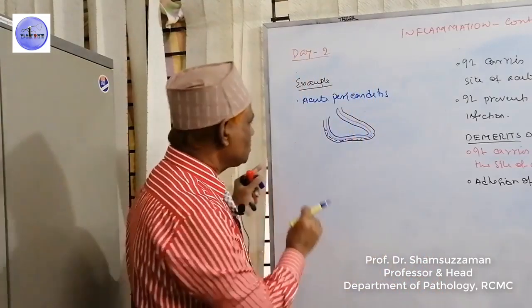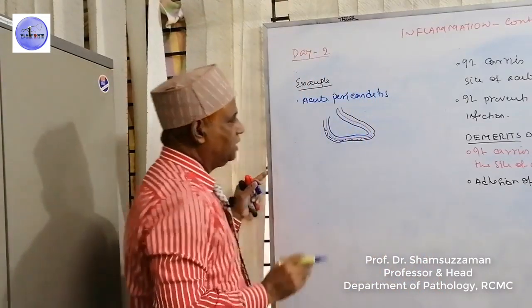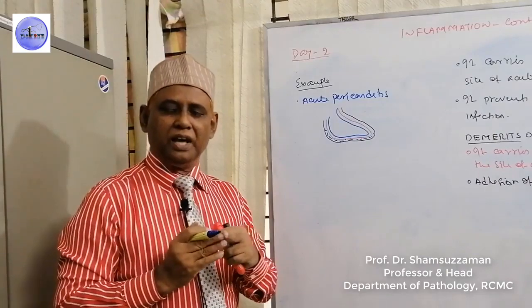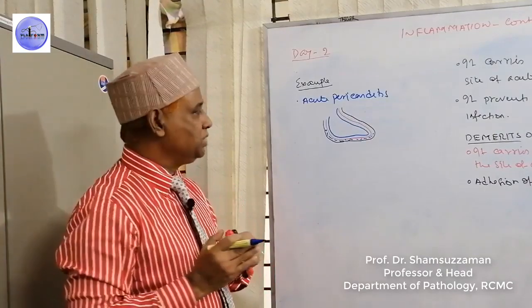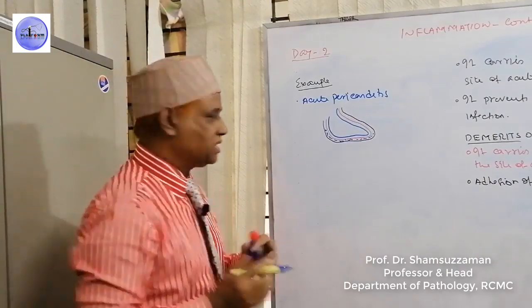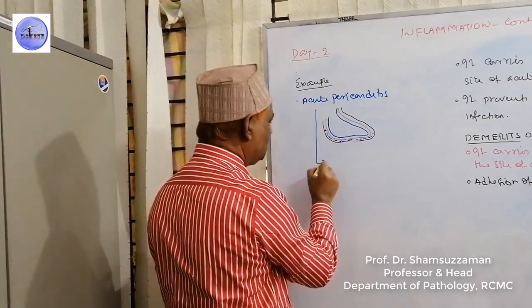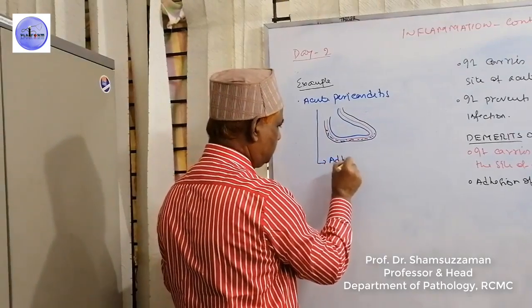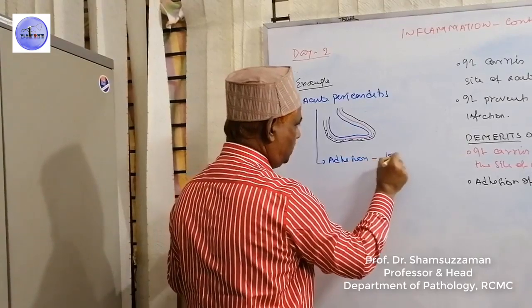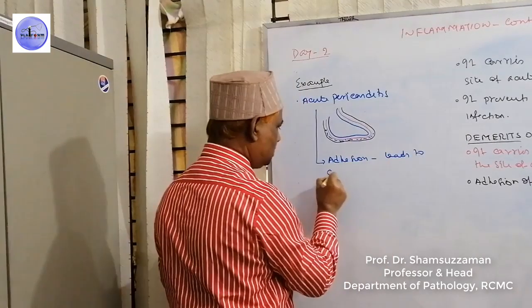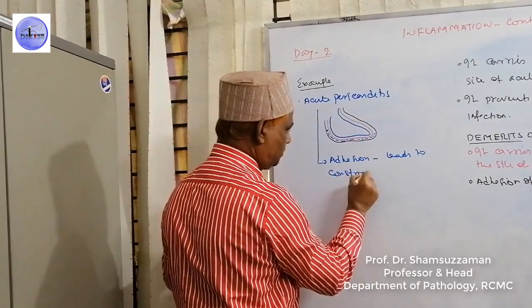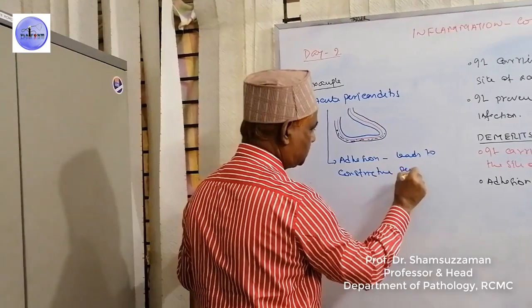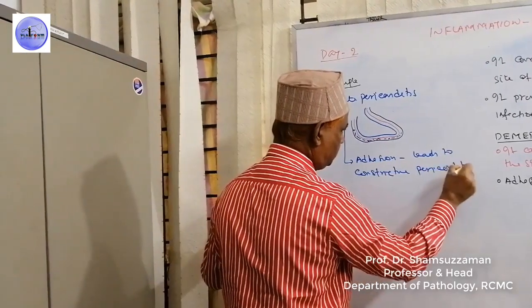If the exudates clot, there will be adhesion between parietal and visceral pericardium, and it will lead to constrictive pericarditis. So adhesion leads to constrictive pericarditis.